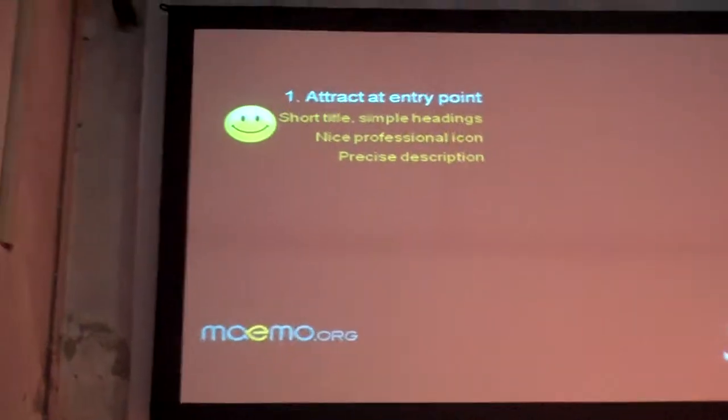When you submit your widget to a widget gallery, there will be thousands of similar widgets, maybe hundreds of widgets with the same functionality. How will you attract the user? When a user is browsing through the widget gallery, you have just about 5 seconds to make an impression. So the fate of your widget depends on the entry point, and this is one of the standard design principles. You should have a short title, simple headings, and nice professional icons. So spend some time on this entry point.